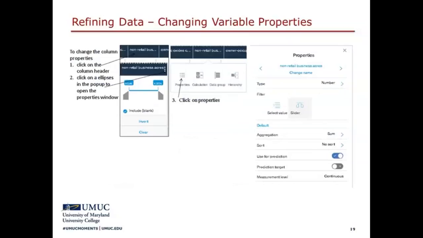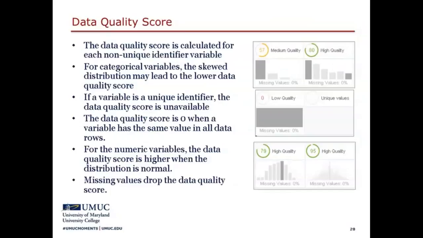Now let's go. So here, basically, I'm telling you to open the column properties. You just click on the column name, and here are the properties, right? Exactly what I was showing you in the application, right? This is a data quality score. Do you remember? We had a column.